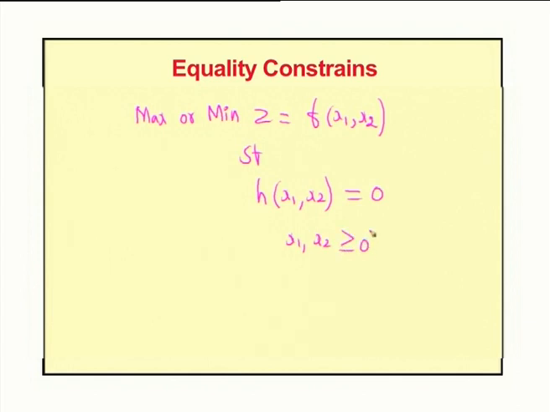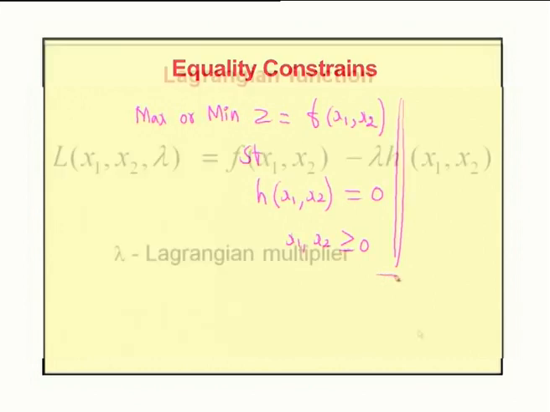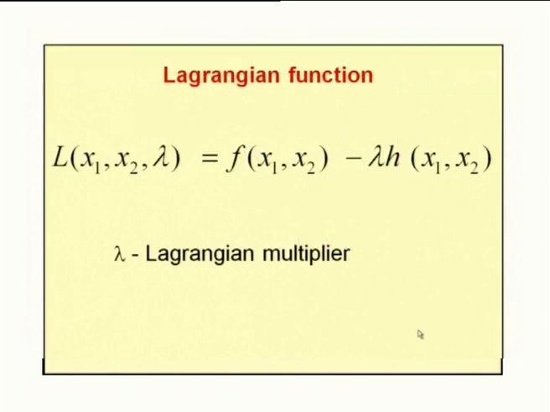So, the given nonlinear programming problem in terms of 2 variables and an equality constraint can be written in this form.